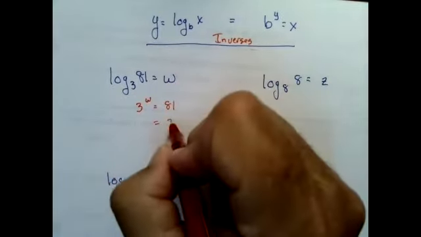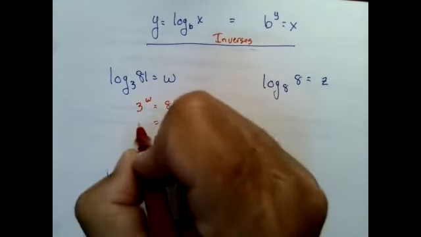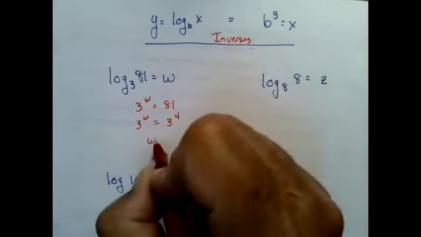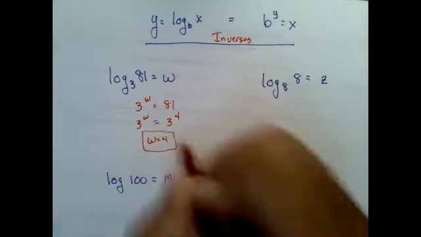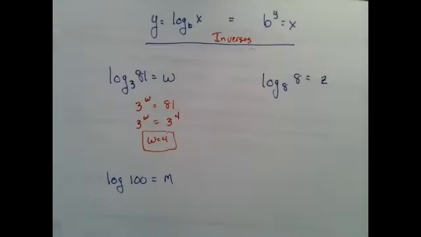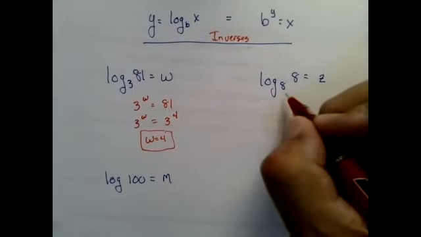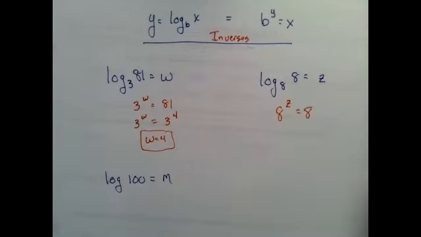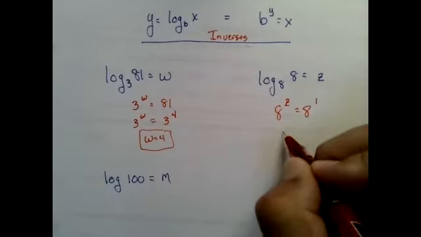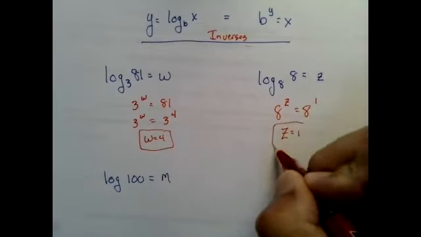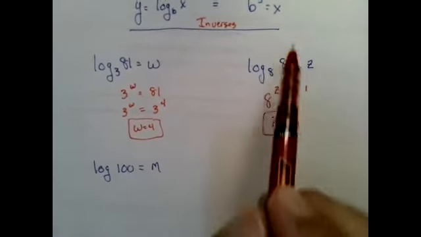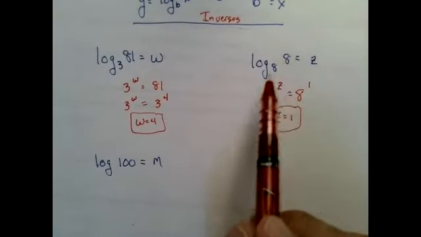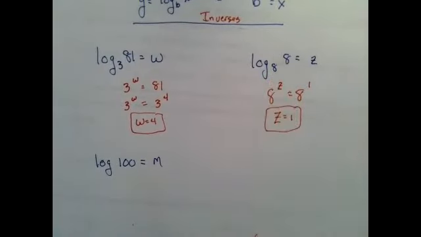And of course, 81, well, maybe not of course, 81, fortunately, is 3 to the 4th power. So for the first one, I end up with W equals 4. Same idea. 8 to the Z power equals 8, which is really 8 to the 1st. Z would equal 1. So that's one to tuck away. If the base and the number beside it are the same, it ends up equaling 1.